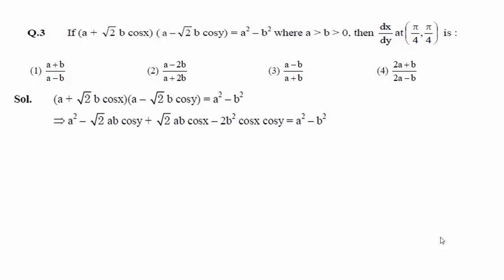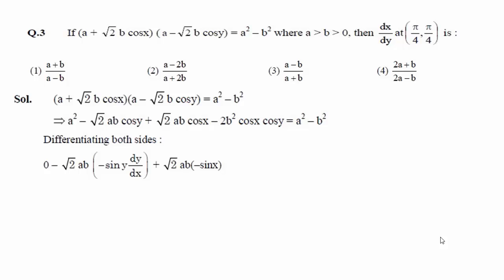Solution. It is given that (a + √2 b cos x)(a − √2 b cos y) = a² − b². If we multiply these two, we will get a² − √2 ab cos y + √2 ab cos x − 2b² cos x cos y = a² − b².